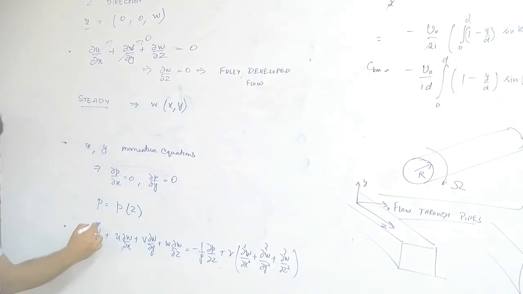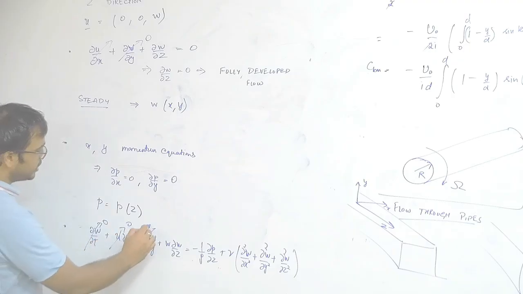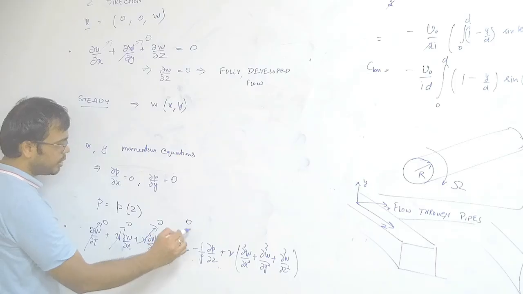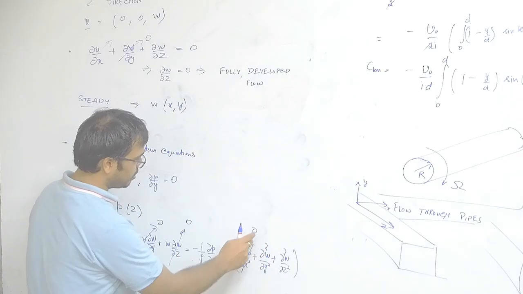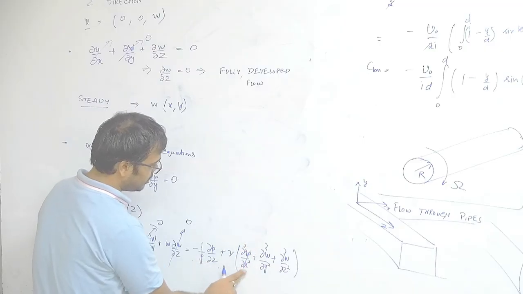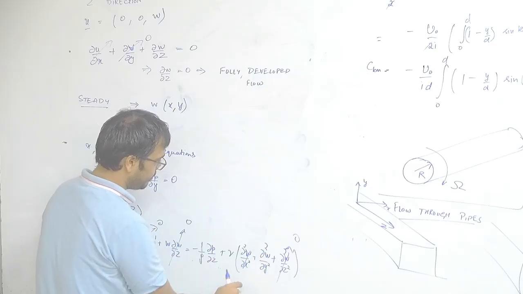So we are looking at steady flow, so this is 0, there is no u, there is no v, there is no del w by del z.